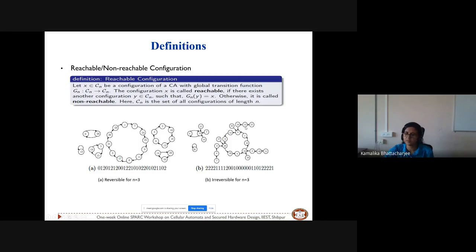So here we have some non-reachable configurations, just like 15, 5, 19, as well as some configurations which have more than one predecessor. So you already understand that this first one is a reversible CA. So if we think of a reversible NCL CA in terms of reachable configurations, for a reversible NCL CA, all configurations will be reachable.